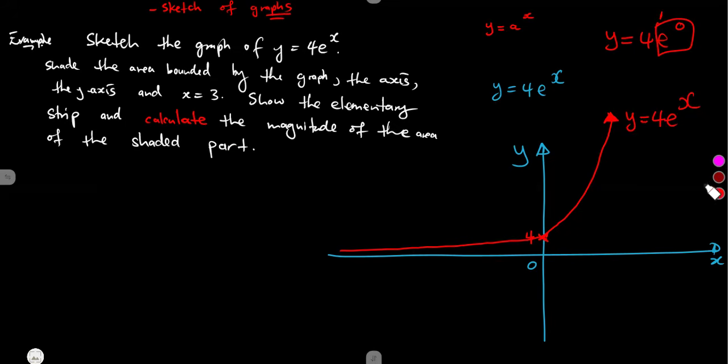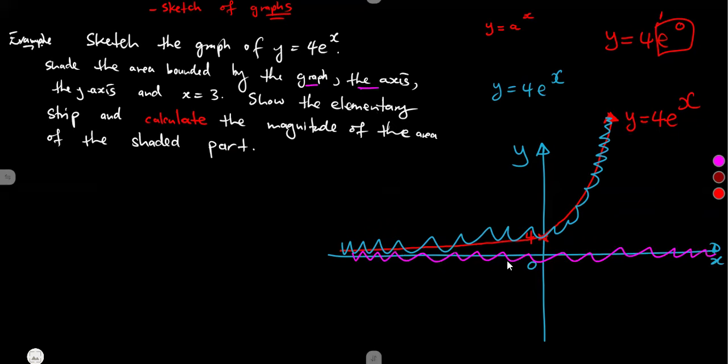Now they are saying, according to this information, shade the area bounded by the graph. This is our graph. So whatever is bounded by this graph, the x-axis, take note, meaning the x-axis is also considered.